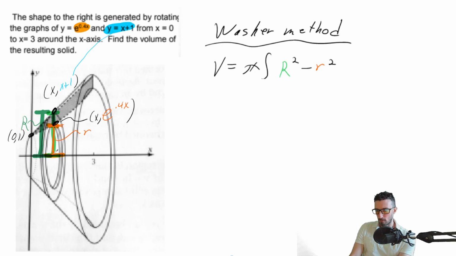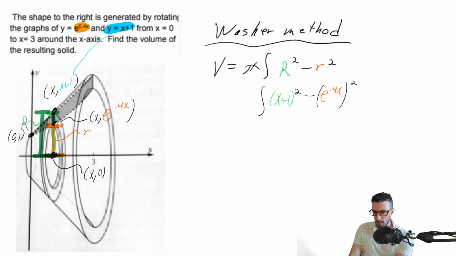It also might be helpful to put that the coordinates down here are going to be x comma 0, because you're on the x-axis. So for the outer radius, you would just say it's x plus 1 minus 0, because that's how you get the length of a vertical line, which is, of course, x plus 1. So x plus 1 is your outer radius, and that gets squared. And your inner radius, by the same logic, is e to the 0.4x, which also gets squared.